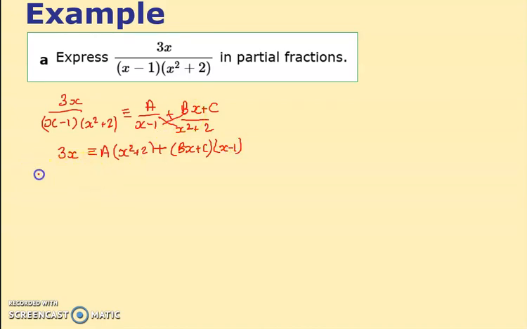And if I now set x equal to 1, because of that bracket there, I get 3 on the left-hand side. 1 goes in here, I reckon that gives me 3a, and that disappears, a is 1, so it's perfect. Look at the x squared terms, I think, initially. But no x squared on the left-hand side. I've got an a plus a b, so I reckon b must be minus 1.